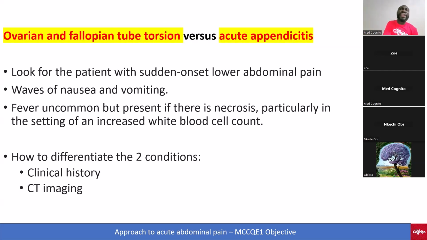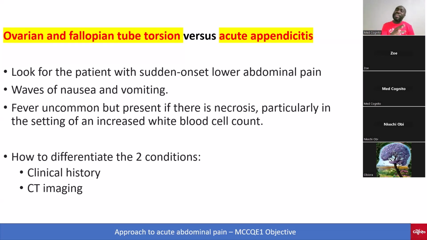What about ovarian and fallopian tube torsion? How do you differentiate that from acute appendicitis? Obviously, ovarian and fallopian tube torsion will happen in a female, right? So look for the patient with sudden, that is one word, sudden onset of low abdominal pain. And the pain comes in waves, comes and goes. Usually, the pain of appendicitis does not come and go.